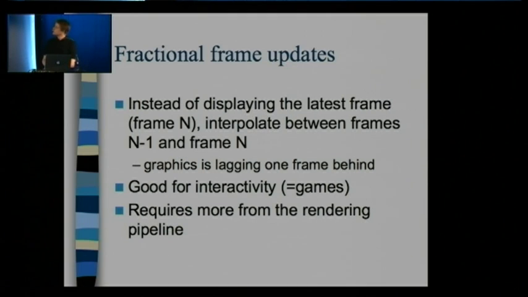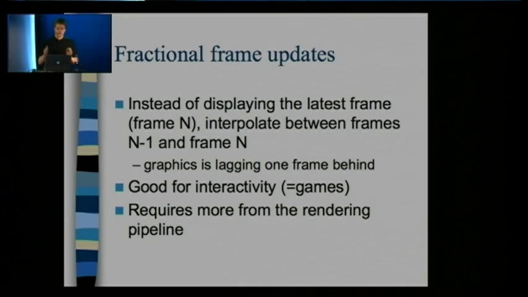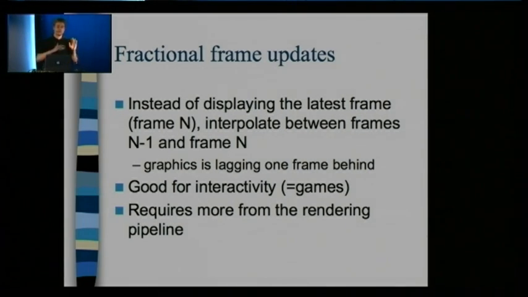But for games, you can do this kind of fractional update. So instead of visually showing the latest frame, you can actually calculate that fractional frame. So you interpolate all your data between these 2 frames. So basically, you're lagging 1 frame behind, but you have this smooth movement, and it will update the visuals every single frame.